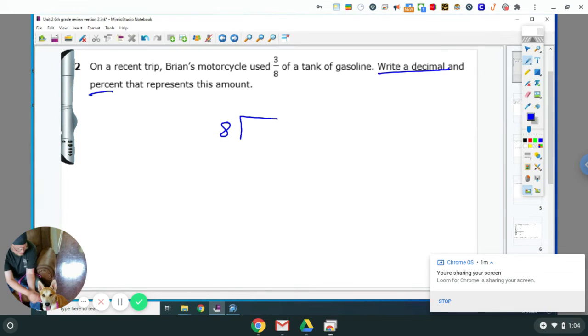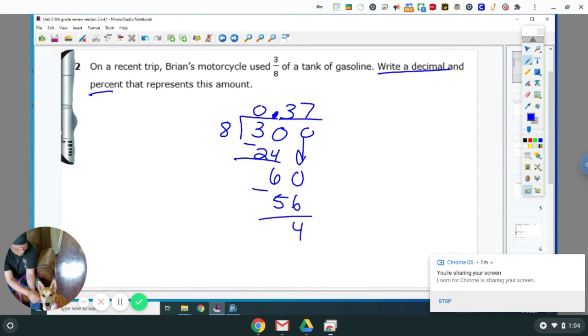So I'm going to divide 8 into 3. 8 goes into 3 0 times, so you add a decimal and a 0. 8 goes into 30 3 times, which is 24. You have 6 left over. Add another 0, bring that down. 8 goes into 60 7 times, which is 56. 4 left over. Bring down a 0, and 8 goes into 40 5 times. So my decimal is 0.375.